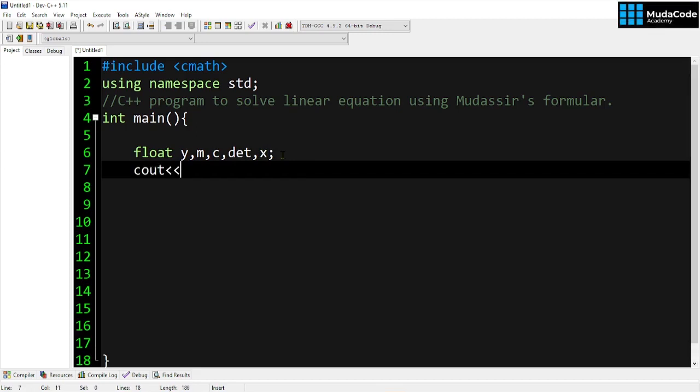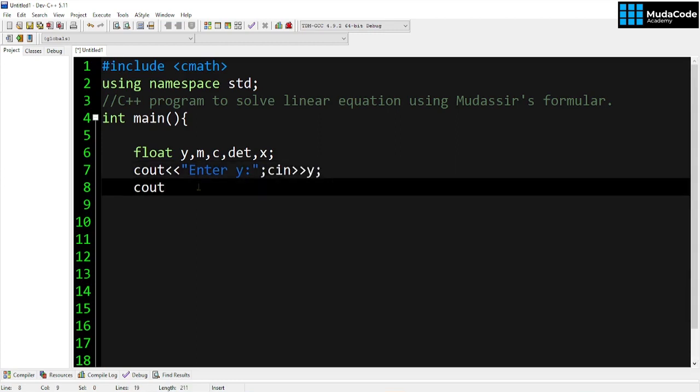cout, enter value, or let's say enter y, just like this. And we have cin y.